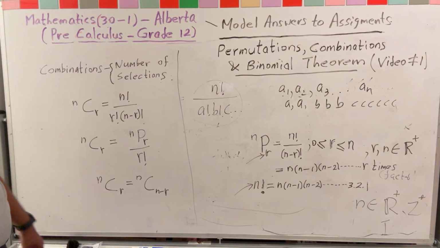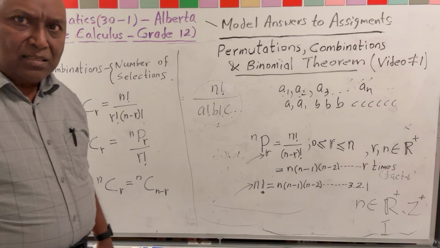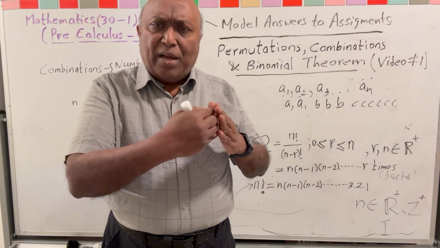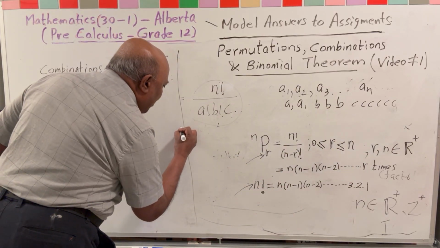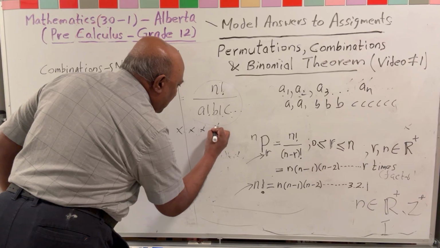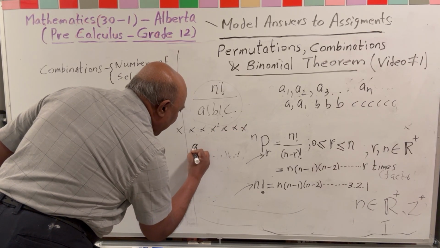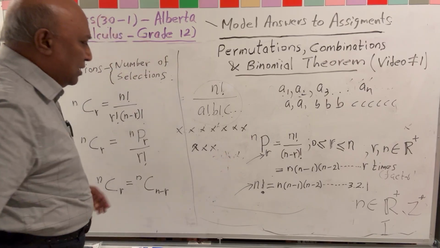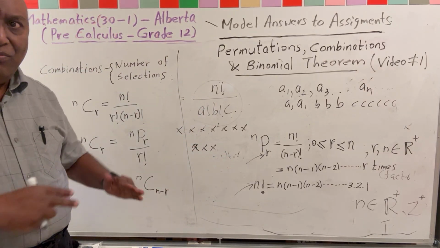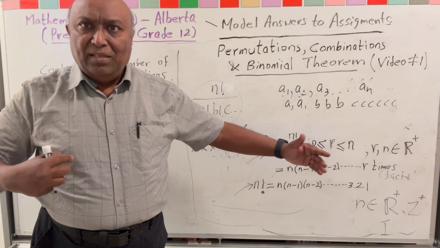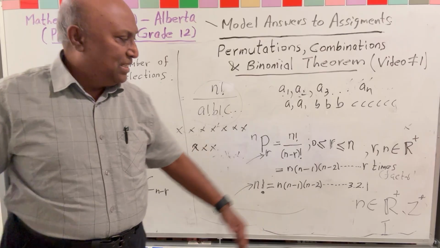Now let's discuss combinations. Combinations mean the number of selections only. Say out of 7 people, we have to select 3 people only. In this case, order doesn't matter, just grouping only. We are not lining up people. If you are lining up people, that will become permutation again.